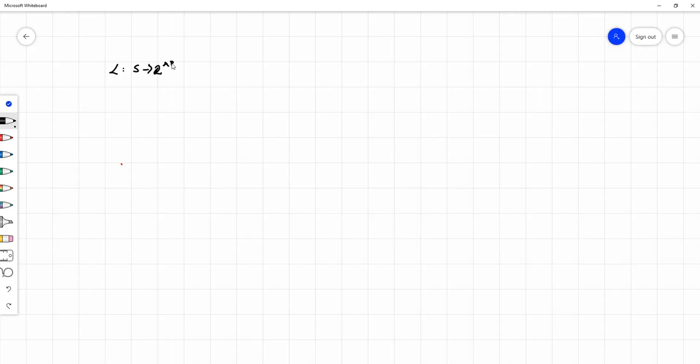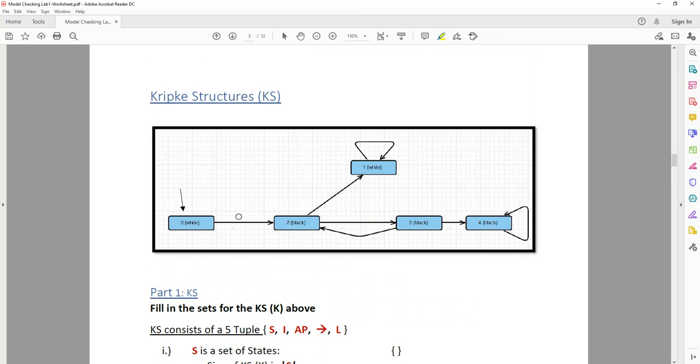Our set of atomic propositions are white and black. That is our atomic propositions. So what labels can we apply to each state within a Kripke structure?